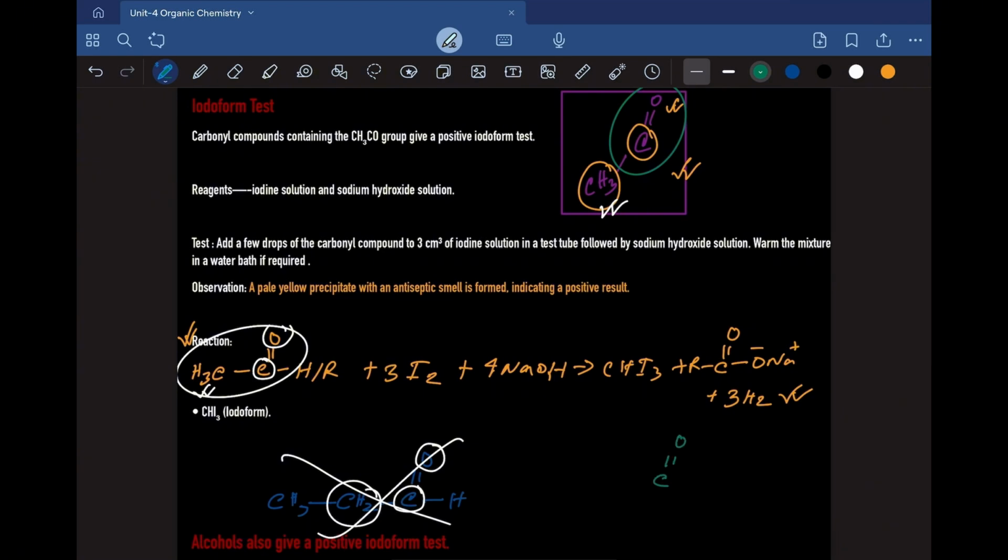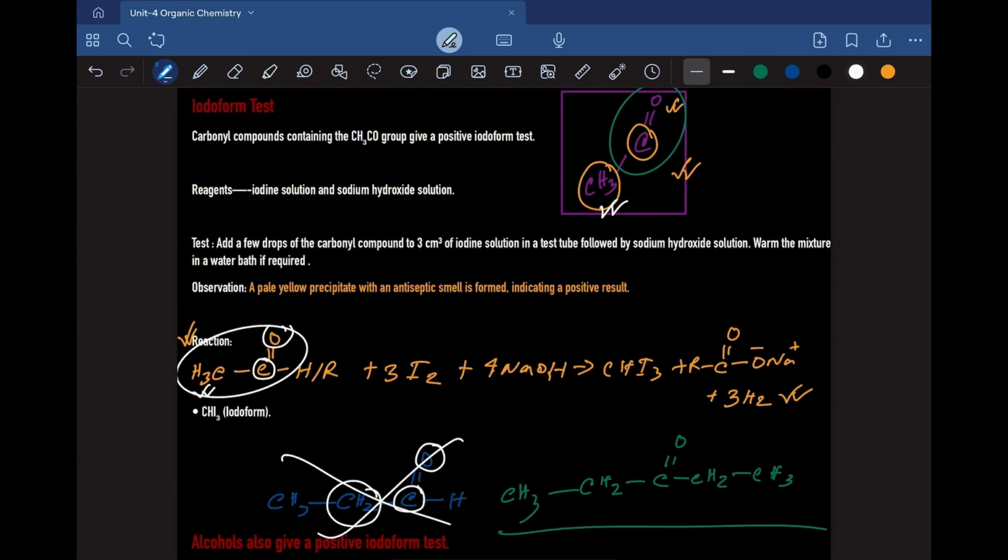This is CO, and this is CH2, this is CH3, and this is CH2, and this is CH3. So this is actually pentan-3-one, right?